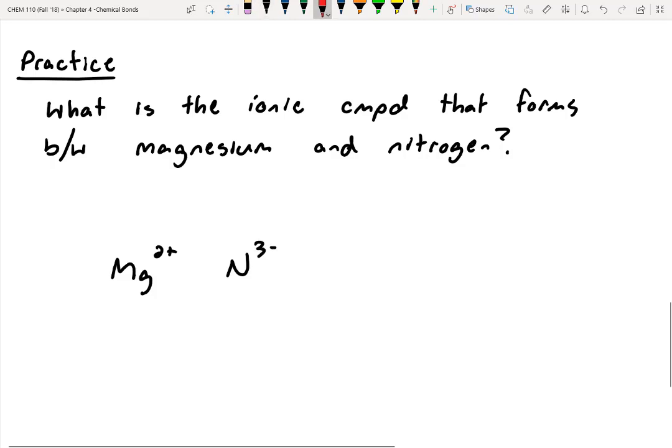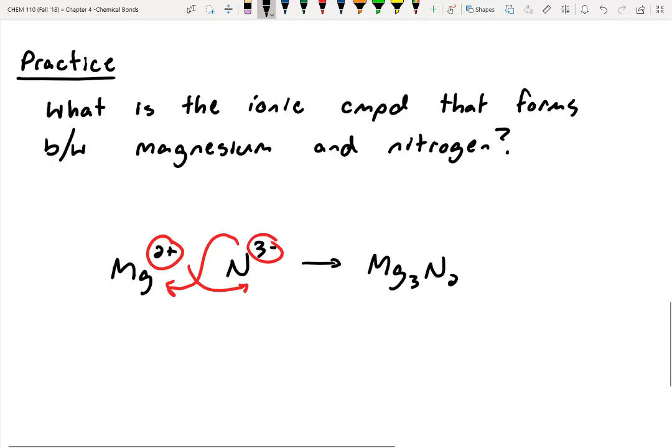But now we can use that flip-flop trick, right? So what I'm going to do is take these numbers, flip-flop them. So now I've got magnesium, the subscript 3, and then nitrogen with the subscript 2. So this would be the molecular formula for the compound that forms between magnesium and nitrogen.